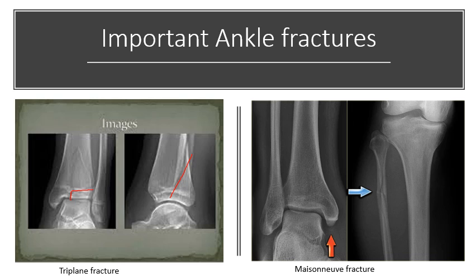Whereas on the right hand side, you can see a small fracture of your medial malleolus. And in the same patient, there is a spiral fracture of the shaft of the fibula. The eponymous name of this fracture is Mason fracture. I don't know how you guys pronounce it.